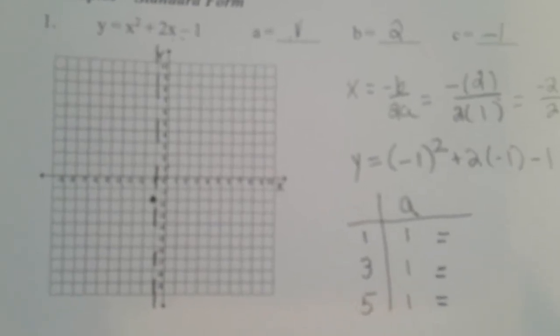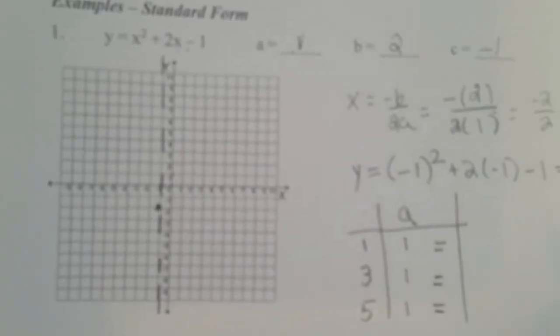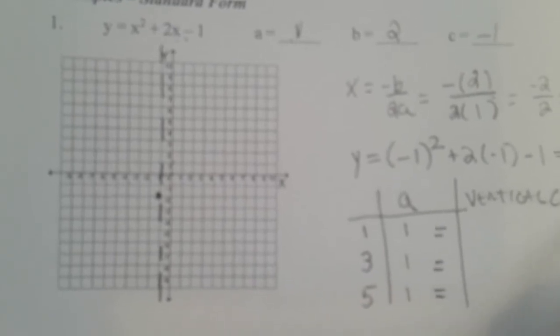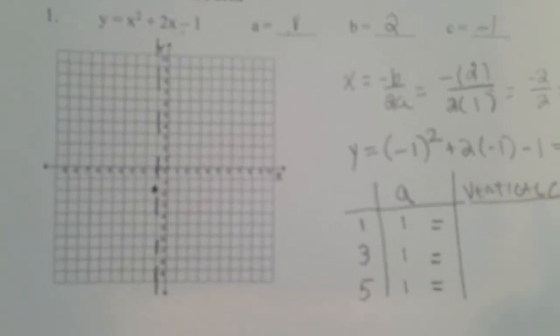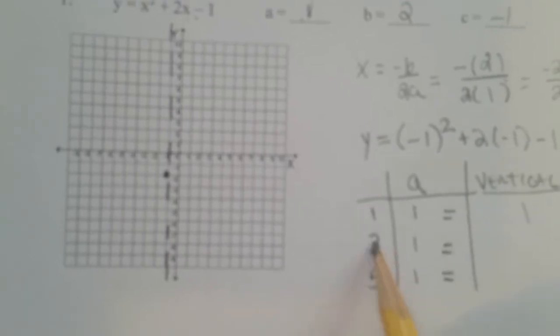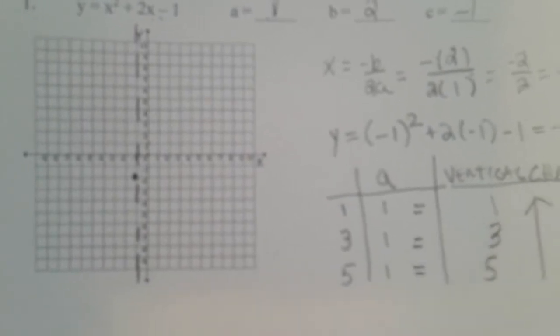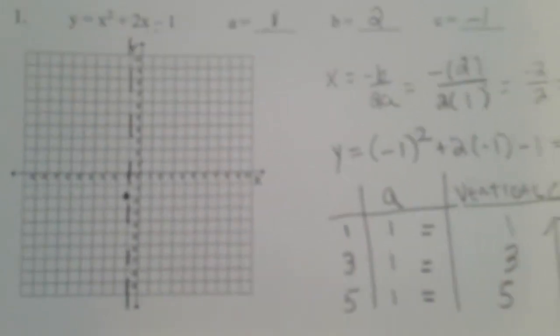And this is going to give me my vertical change. So 1 times 1 is 1, 3 times 1 is 3, 5 times 1 is 5. These are positive numbers, so the vertical change means going up. So from the vertex, the first thing I'm going to do is go up 1.